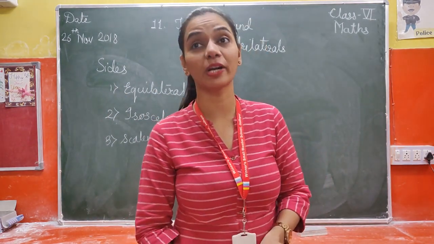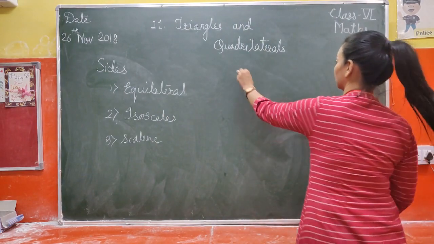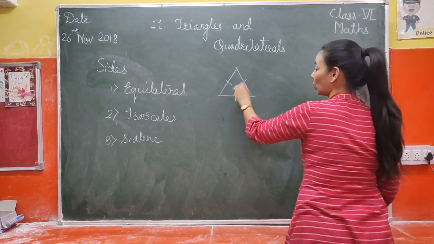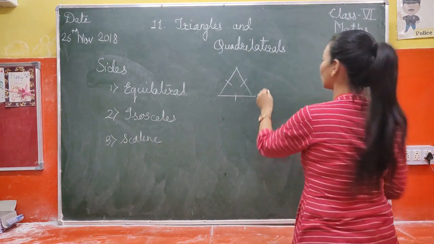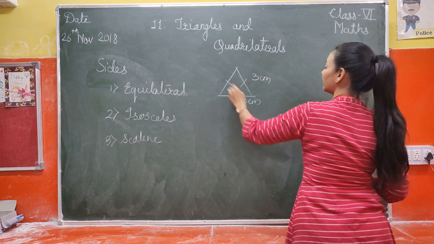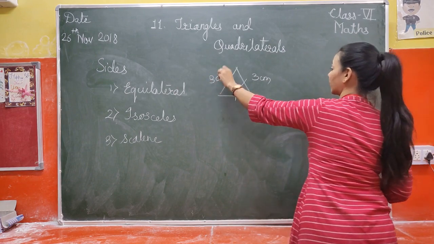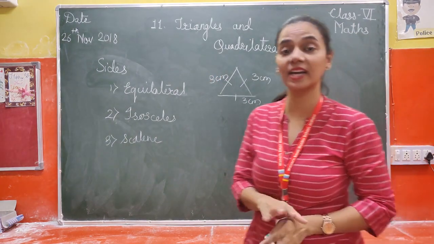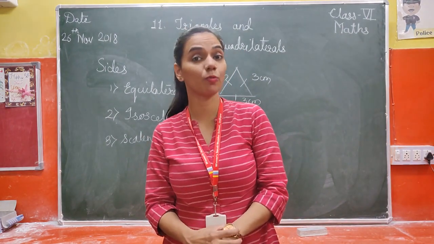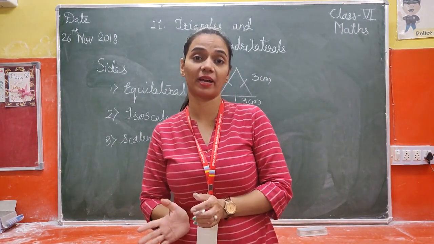What is an equilateral triangle? A triangle in which all the 3 sides are equal. That means if the measure of this side is 3 cm, then this will also be 3 cm and this will also be 3 cm. Those triangles which have all 3 sides equal are called equilateral triangles.